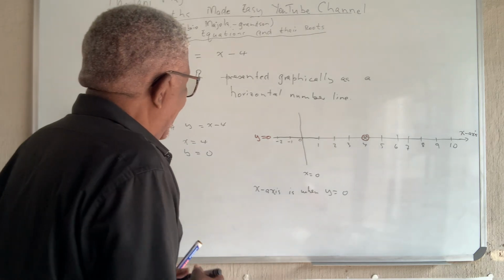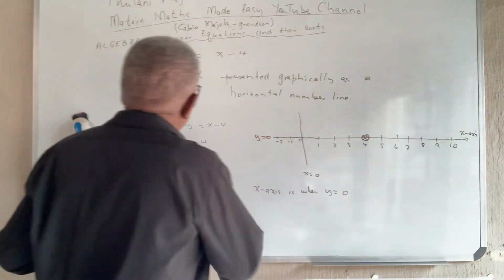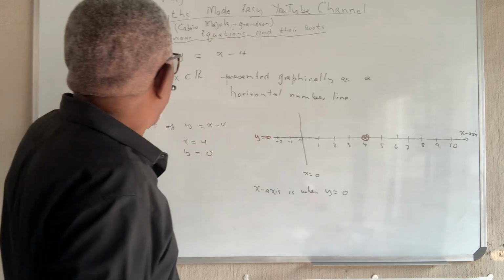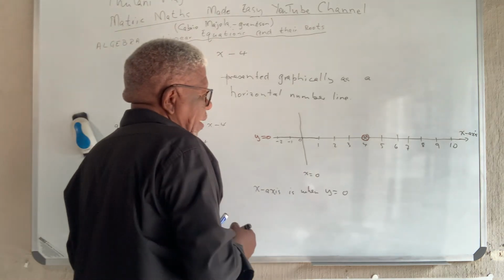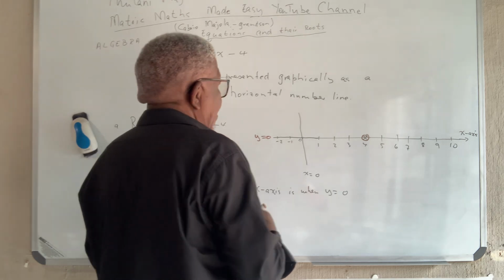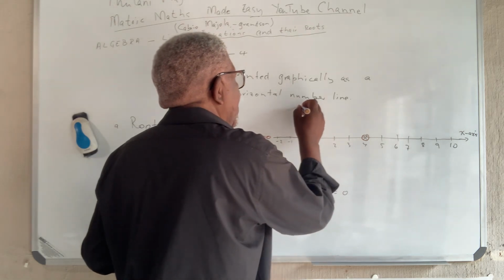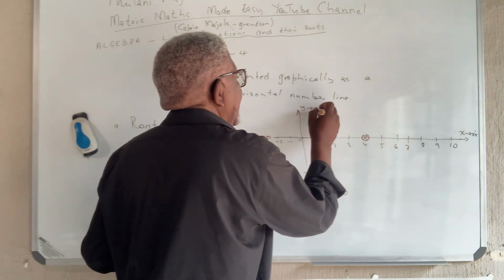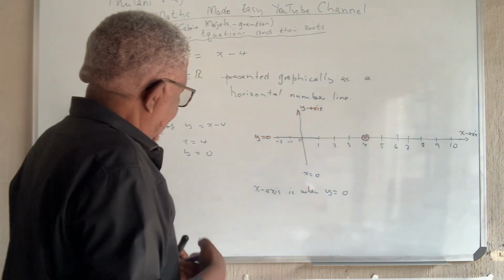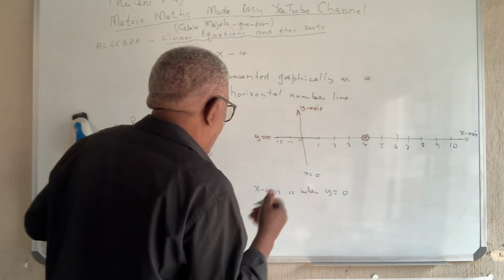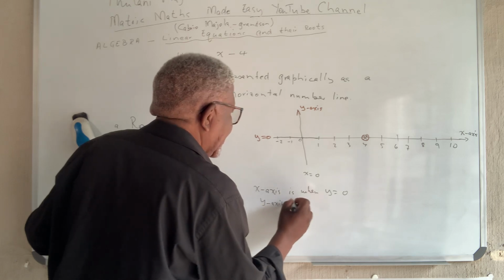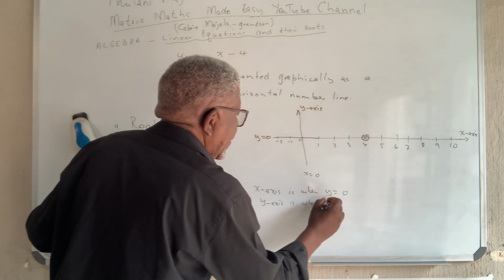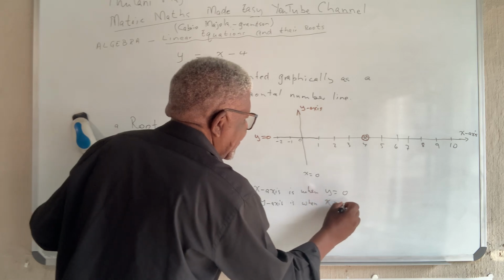Similarly, now that you've got your x-axis and we've introduced this dependent variable y, we have to find where x is equal to 0. When x is equal to 0, you will have your y-axis. So the y-axis is when x equals 0.